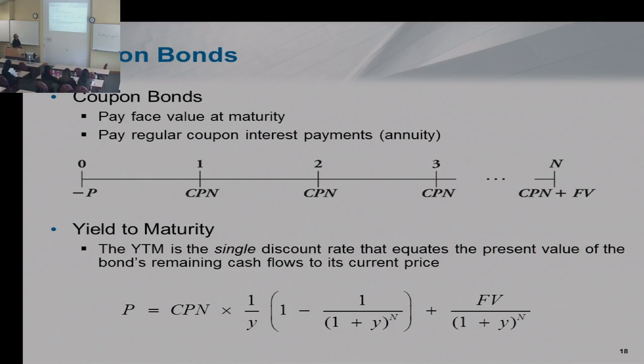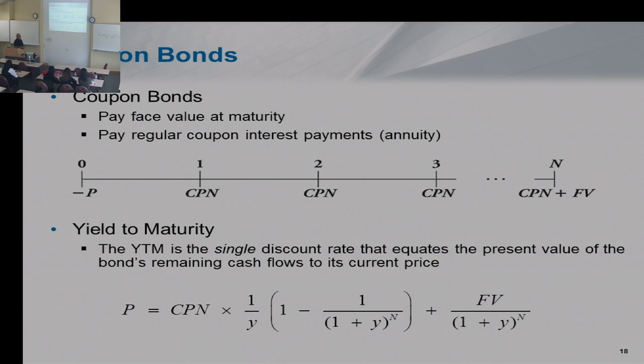And yet again, the price is the present value of the future cash flows. The coupon payments form an annuity, use the annuity formula, and the future or face value comes at time n. And the yield to maturity is the discount rate that equates the price and the cash flows, because the coupon payment is known, the face value is known.